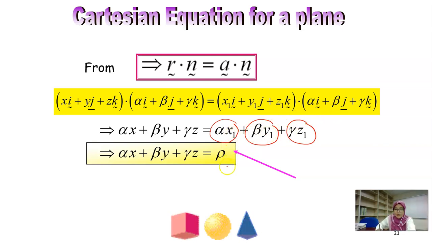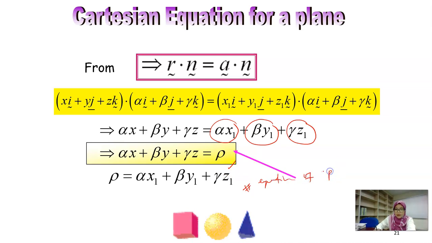When you add them together, you will have a constant. Or we can rearrange, with the constant in front, equals alpha x1 plus beta y1 plus gamma z1. Then this is the equation of a plane.